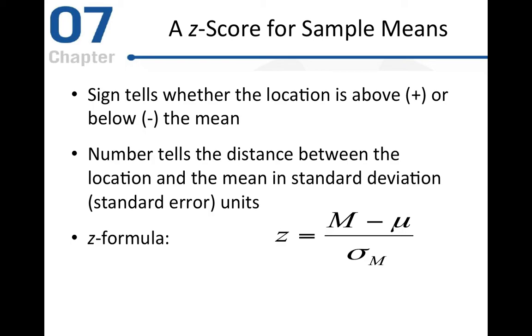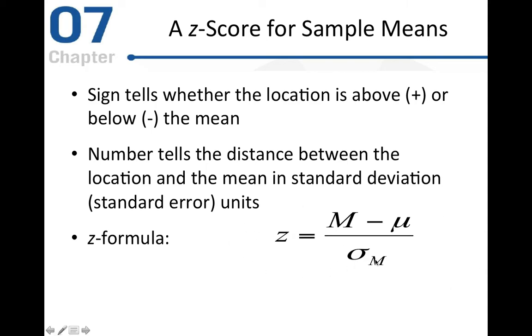The number tells the distance between the location and the mean in standard deviation, or standard error, units. Because we are working with sample means, we are talking about standard error units. The standard deviation of a sampling distribution is equal to the standard error.